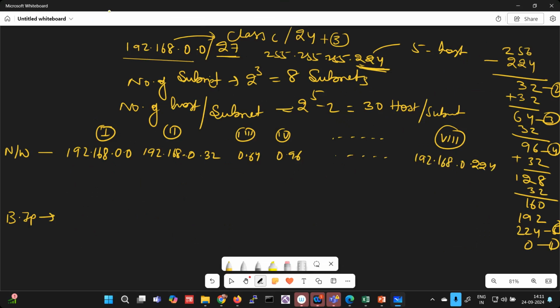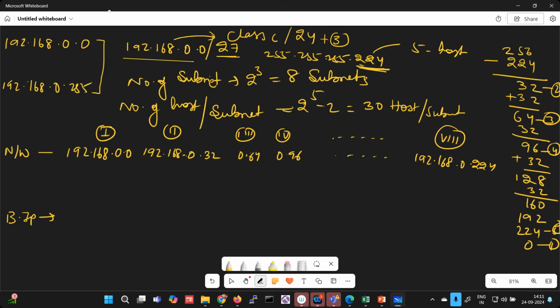And so, before subnetting, we have a range something like this: 192.168.0.0 to 192.168.0.255. So it is the original network range with the default subnet mask. We have network address 0.0 and 0.255 as the broadcast IP.